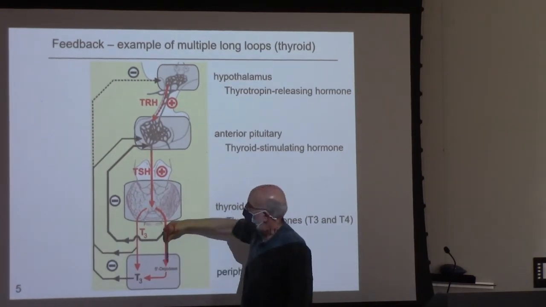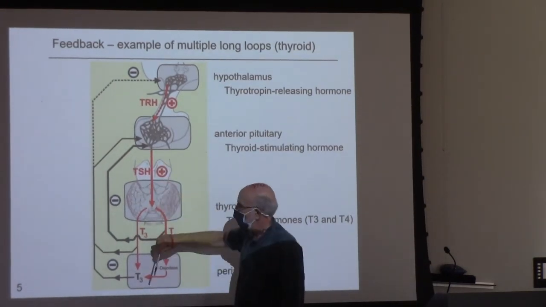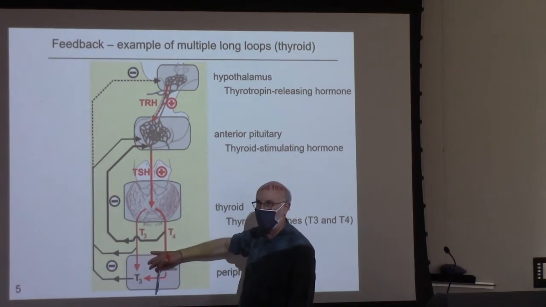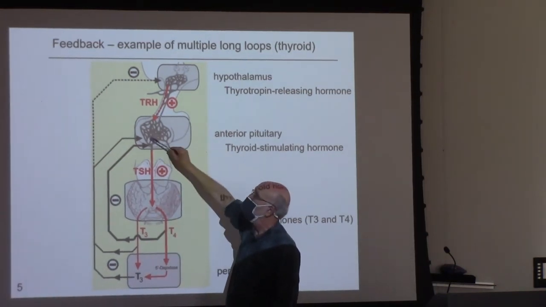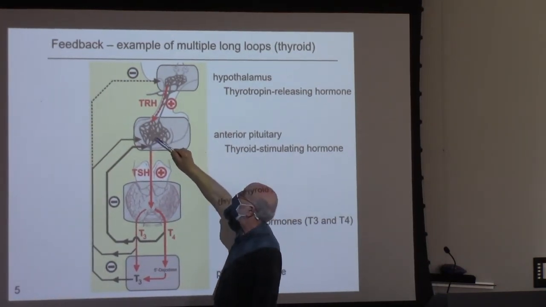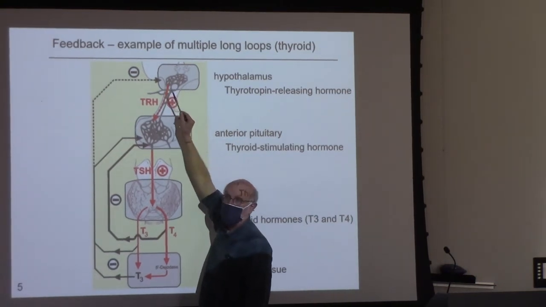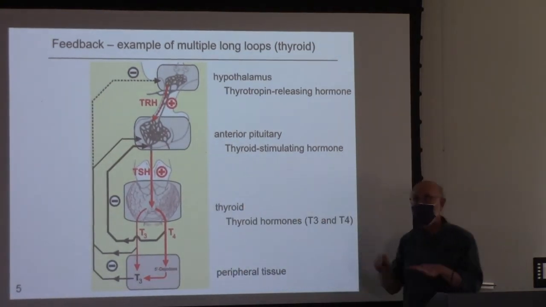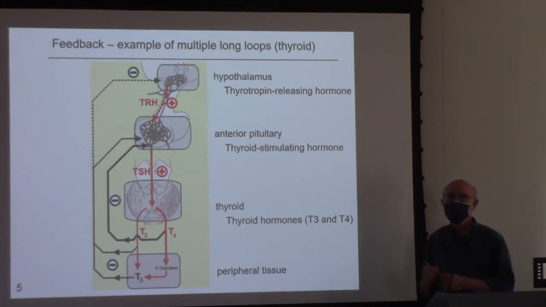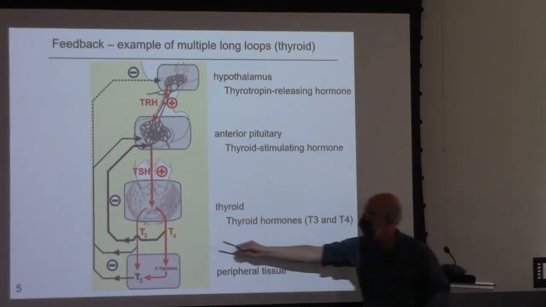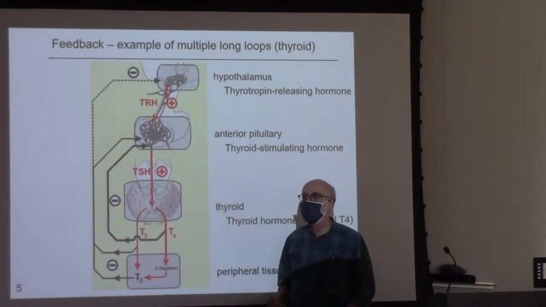So we have negative feedback loops from the hormone that is produced, inhibiting the pituitary and inhibiting the hypothalamus in order to maintain the sweet spot of thyroid hormone levels necessary for metabolism, growth, and especially during development.